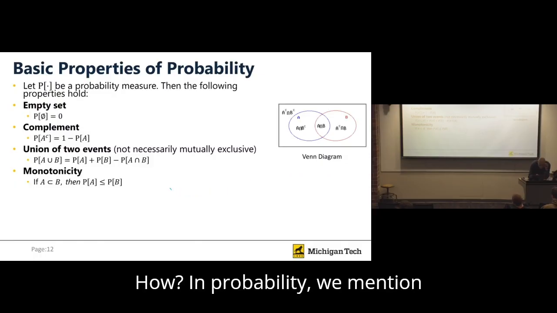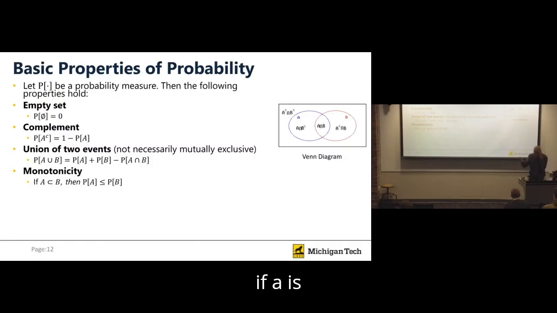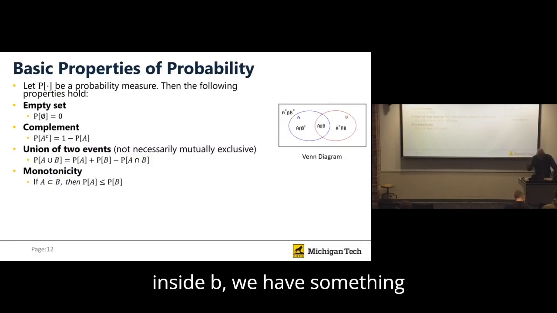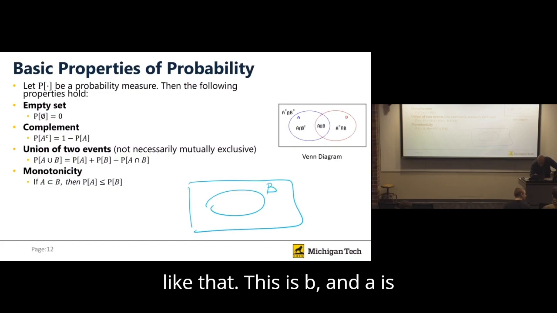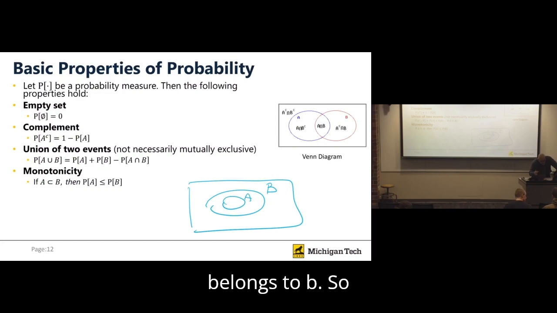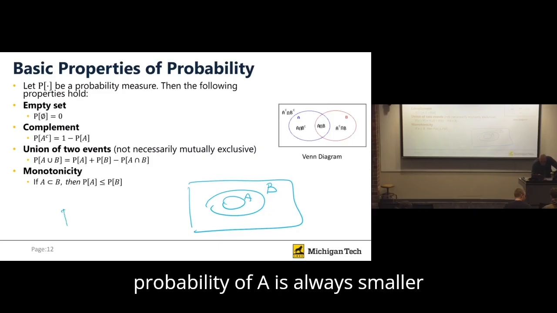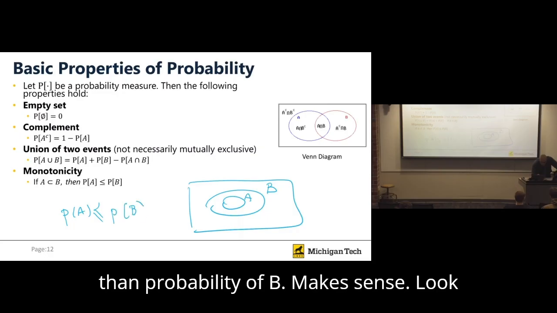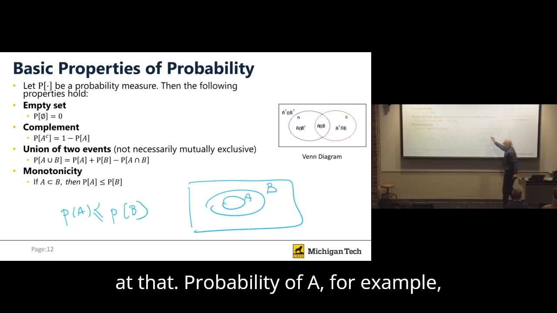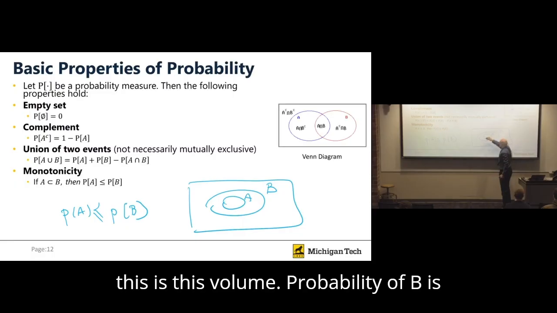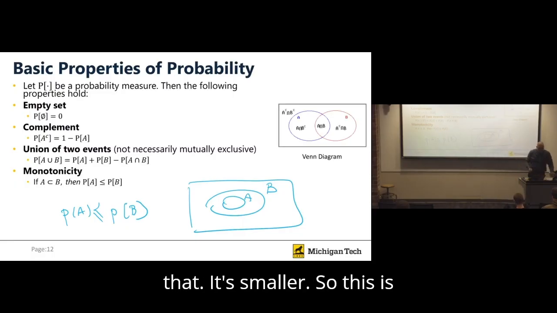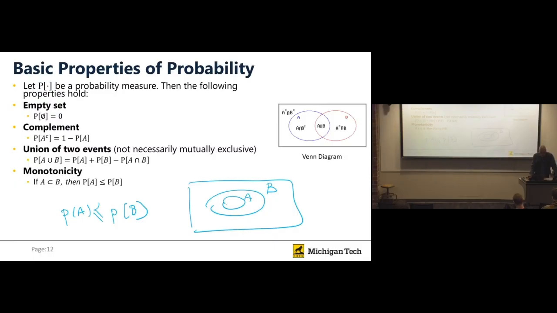If A is inside B, like something like that, this is B, and A is inside that, A belongs to B, so probability of A is always smaller than probability of B. Makes sense. Look at that: probability of A, for example, is this volume, and probability of B is that. It's smaller. So this is called monotonicity of probability.